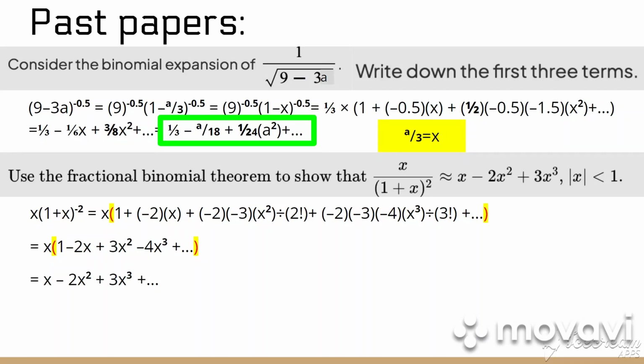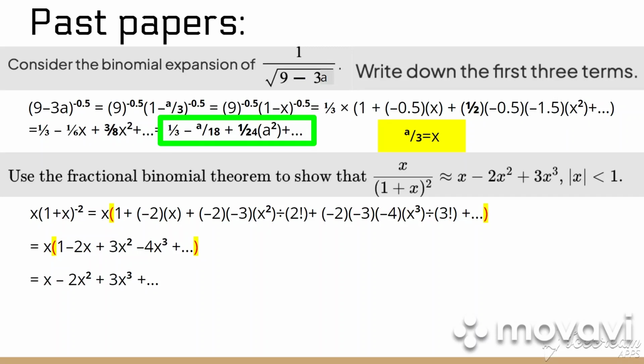So again, use the yellow red brackets for better understanding of what is written here. And again, we use the expansion of binomial theorem formula, where n is equal to negative 2, and we get x multiplied by, in the brackets, 1 minus 2x plus 3x squared minus 4x cubed, and so on.